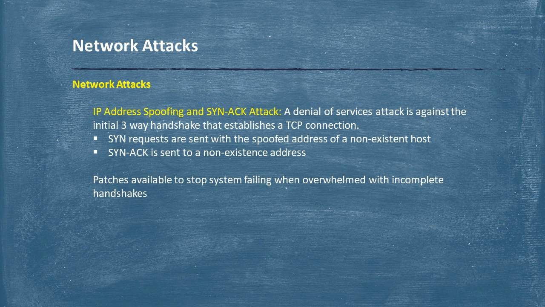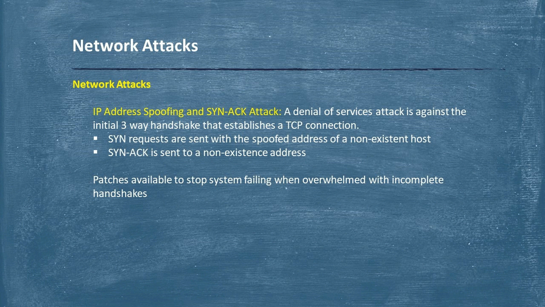IP address spoofing. Spoofing is a common terminology. IP address spoofing and the SYN ACK attack is a denial of service again. This is a denial of service attack against the TCP/IP connection, the three-way handshake that establishes a TCP/IP connection.